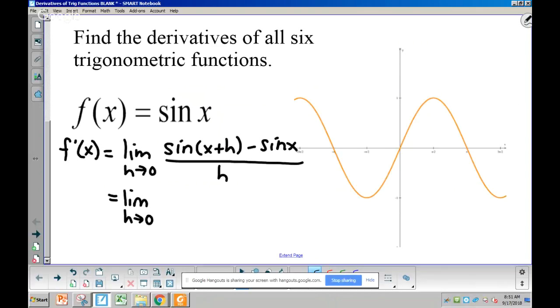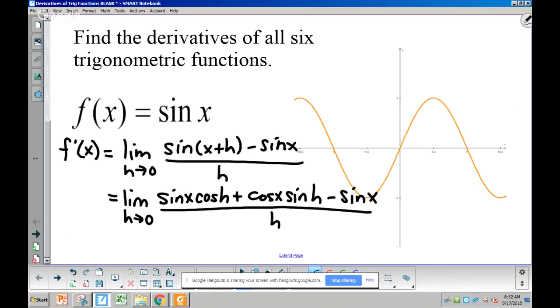So sine of x, cosine of h, plus, and the sign stayed the same, cosine of x, sine of h, minus sine of x all over h.